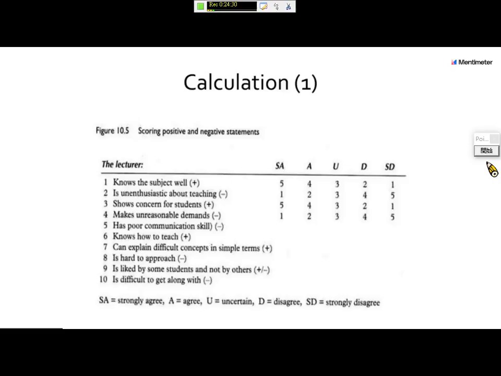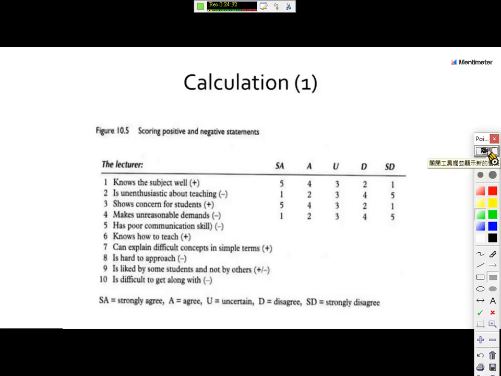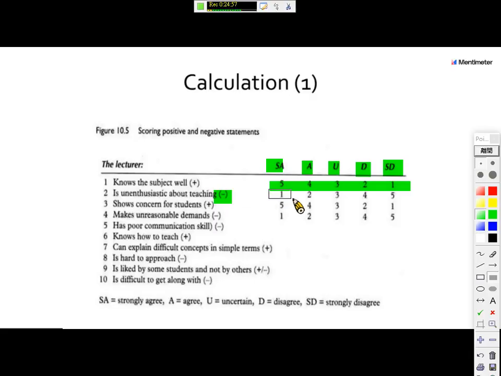For example, strongly agree, agree, uncertain, disagree, strongly disagree, right? So basically, if this is a positive question, we assign them 5, 4, 3, 2, 1. And since this is a negative statement, we change the order. We use 1, 2, 3, 4, 5.